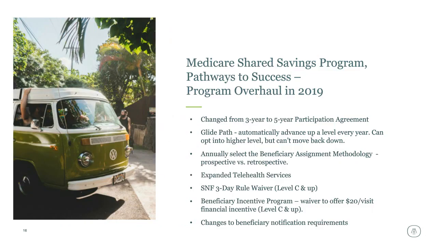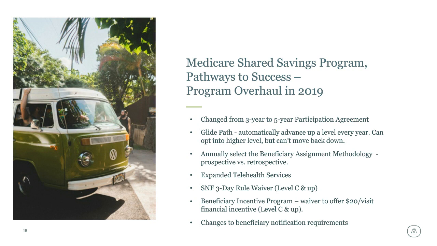So there were some changes that took place in 2019 called Pathways to Success. It changed the program from a 3-year to a 5-year participation agreement and created what they call the glide path. So instead of staying in the same risk arrangement for 5 years straight, you automatically advance up a level every year.